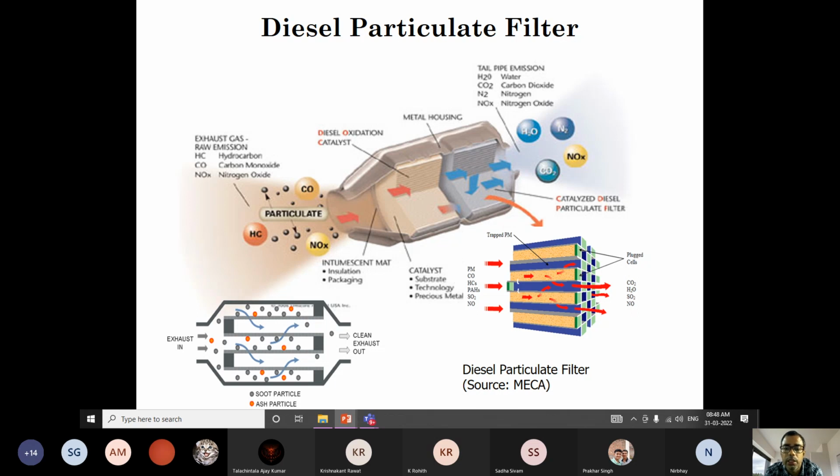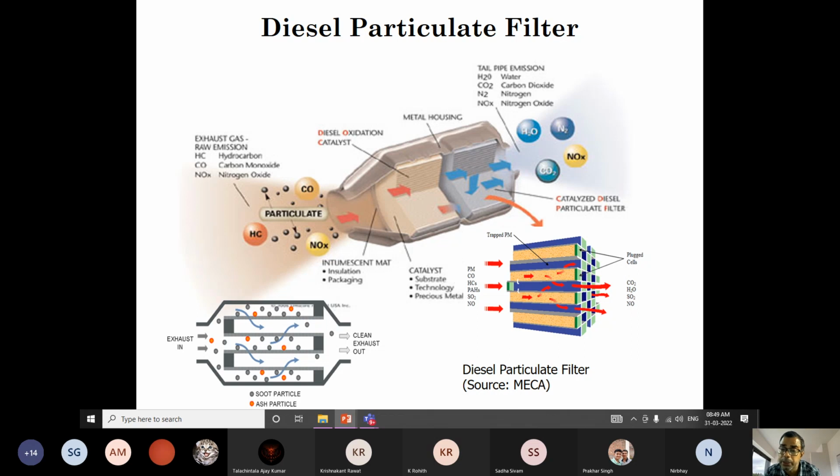And here is the loophole. Once your vehicle comes out in the market, the automotive industry is no longer responsible, because the life of the vehicle is considered to be 15 years, or probably 2 or 2.5 lakh kilometers of running. At launch, everything is new, the conversion efficiency is very good, and you satisfy the emission norms.